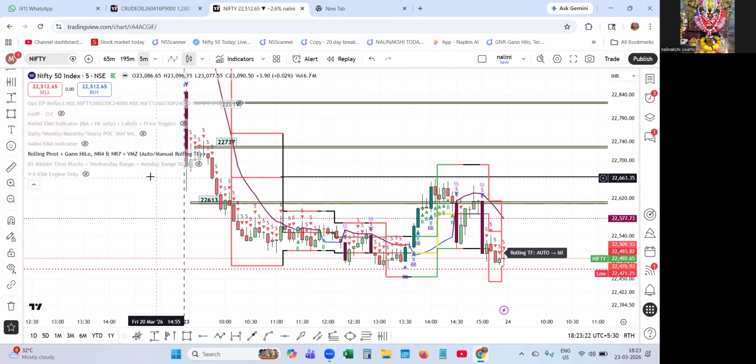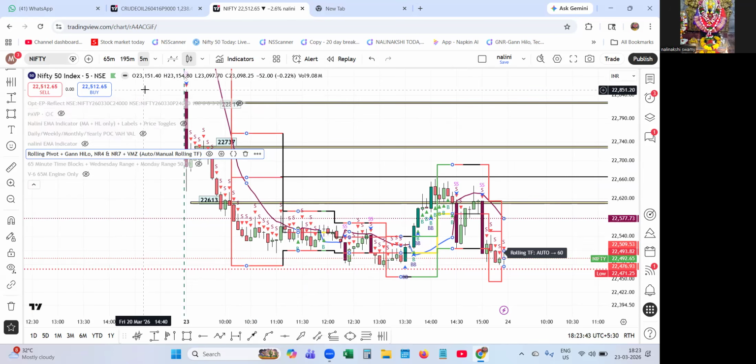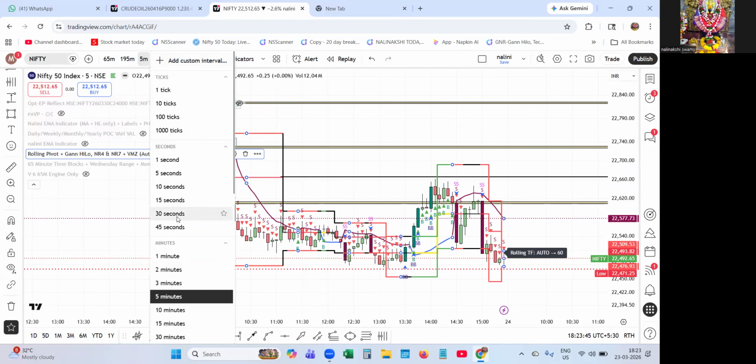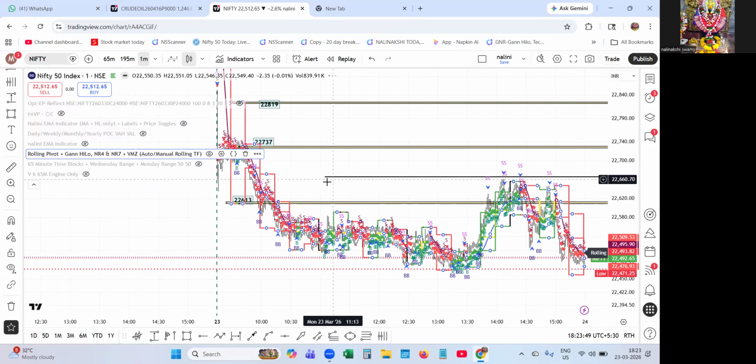Let me repeat it to you. First, go to the rolling pivot settings. By default, it will be 13, 21. The manual rolling pivot time frame will be by default hourly. Change it to 15 minutes. The reason is that if you use the 1 minute time frame, you get the box immediately.